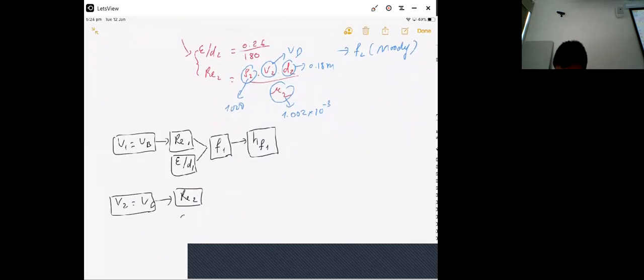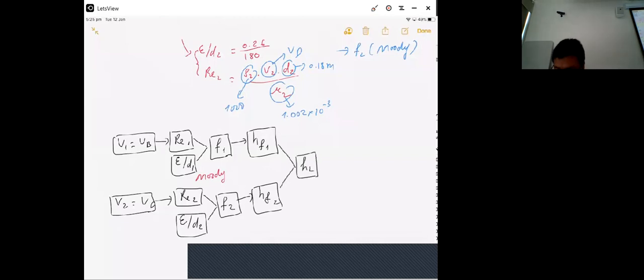From Reynolds number 2 and epsilon over D2, you find F2; this one is from Moody. From F2, you find SF2. From SF1 and SF2, you find SL. From SL, you find S pump, and from S pump, you find P pump, step by step.